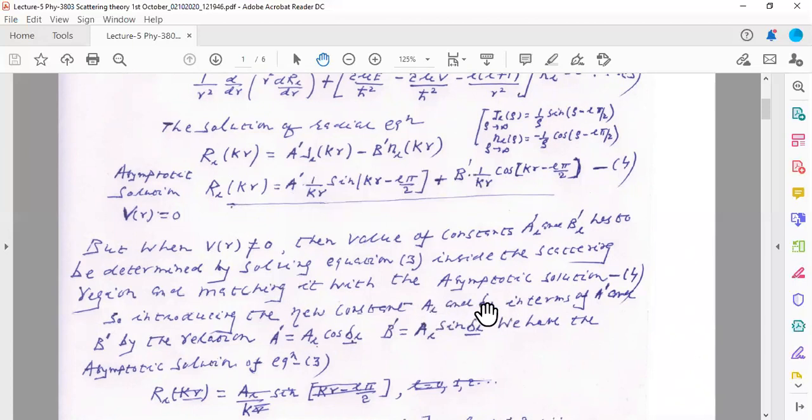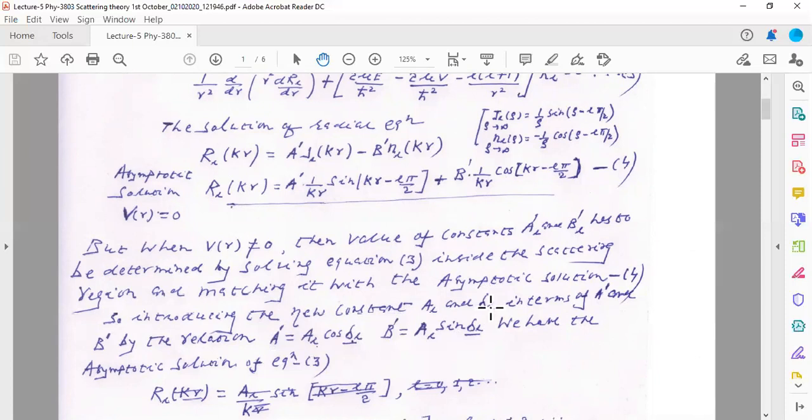These new constants are related to the old constants via this relation: a dash is equal to A_L cosine of delta L, and b dash is equal to A_L sine delta L. This delta L is a very important term, which is basically known as phase shift. So let me discuss what a phase shift is.